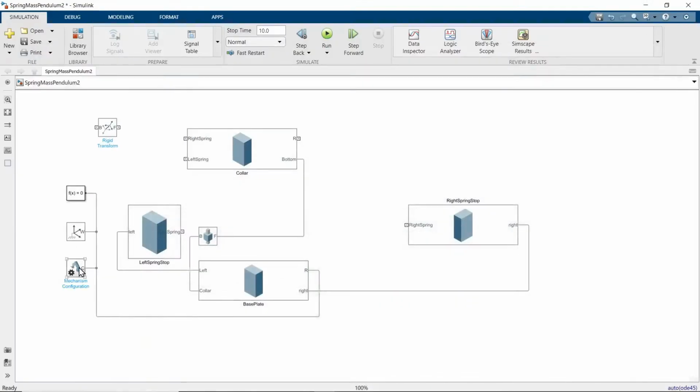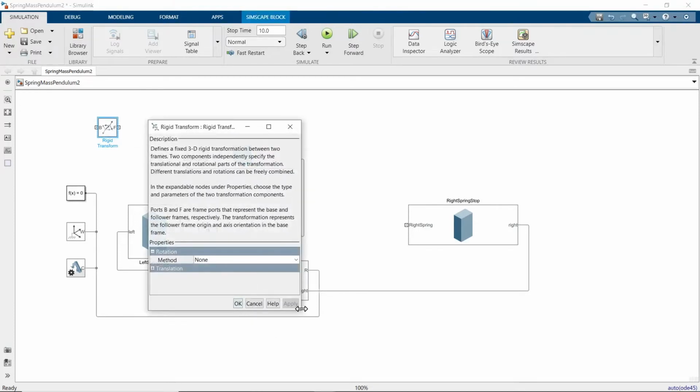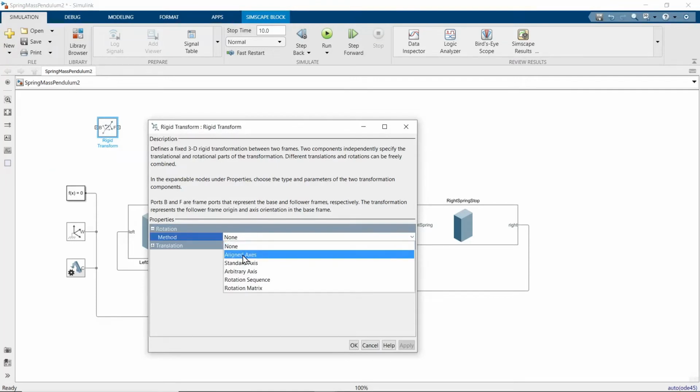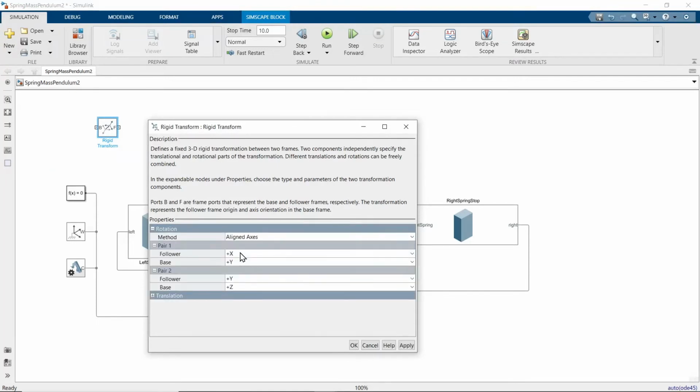So let's change that. Well, let's put our transform here. So we need a transform that's going to transform it from z to x. So z to x.